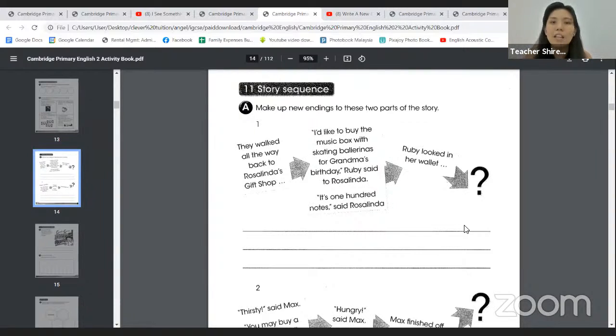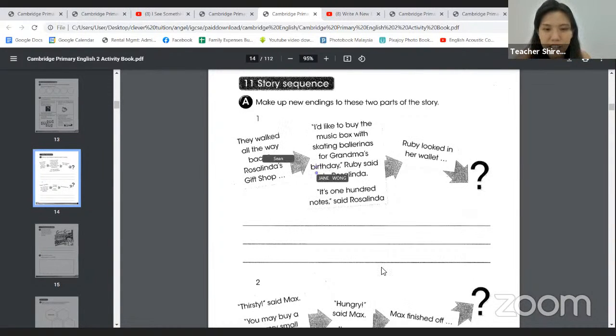She couldn't buy the present for grandma, so she went back home empty handed with no present for grandma's birthday. So she decided to make her own birthday card for grandma. Any story you like, up to your creativity.